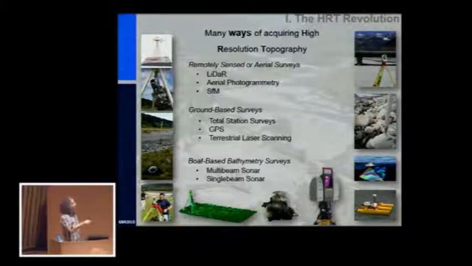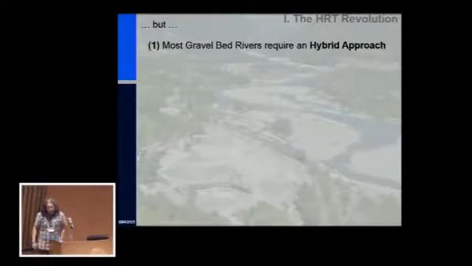I will not get to the technology, I will not get to the nice pictures, but of course, what we want to remark here is that technology has improved a lot, has evolved a lot, and now there are many options of acquiring high-resolution topography. But having said that, there are 2 points that we want to just leave on the table that hopefully will prompt some discussion.